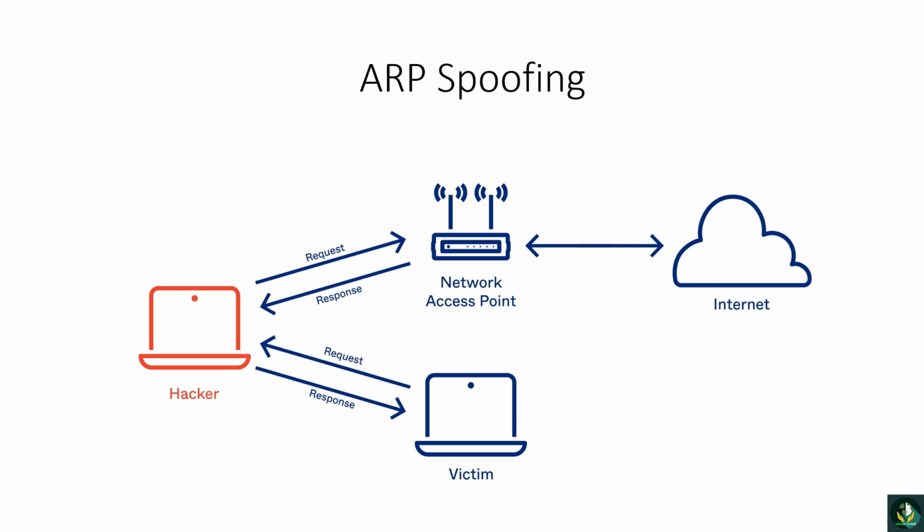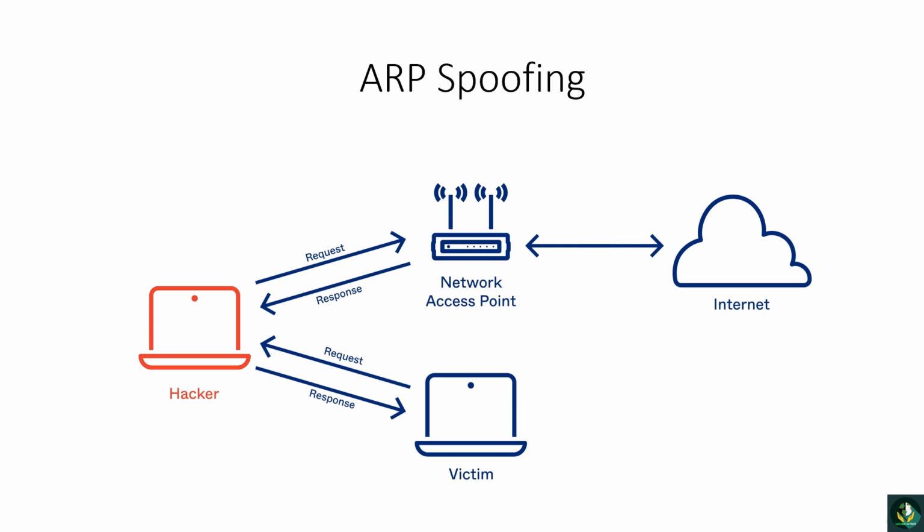And any responses the access point or router sends are going to go to my machine, because it thinks that I am the victim, and then I am going to forward them to the victim. This puts me in the middle of the connection, a man in the middle connection, and it gives me so much power, and we'll see all of that we can do.